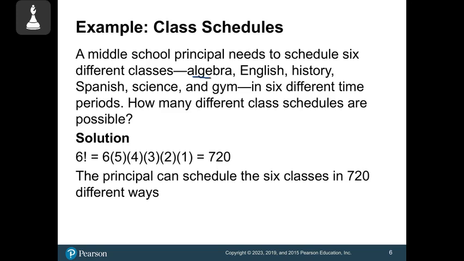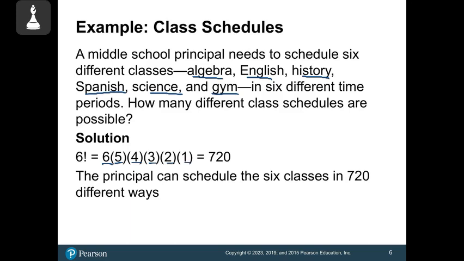Well, we have 6 different subjects, and we must use all 6 of them. So the way that this works is in the first period slot, I've got 6 choices for a subject. Once that spot is taken, I then go to second period. There's only 5 left to choose from. When I get to the third period, there's 4, and then 3, and then 2, and then 1.